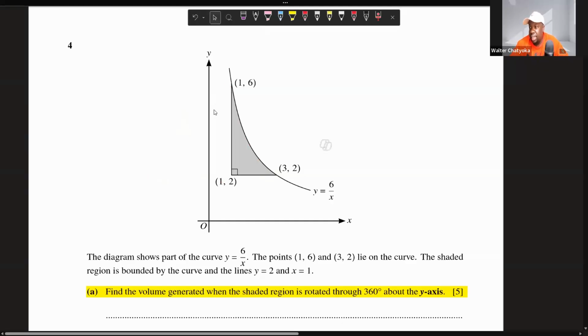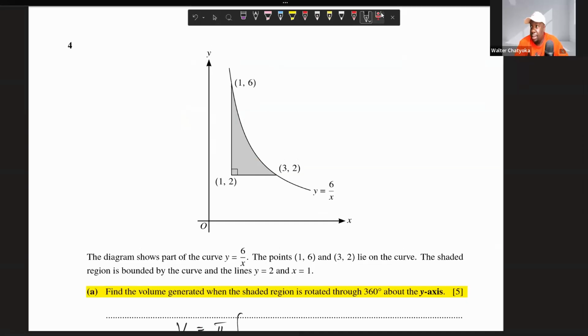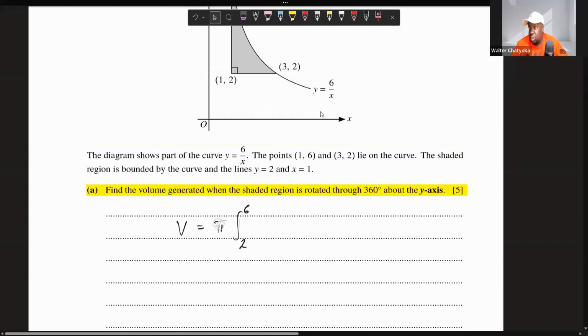For the volume generated, since it's about the y-axis, we will say pi times the integral from the lower y limit, which is 2, to the upper y limit, which is 6. So it's from 2 to 6. And remember, we say times x squared.